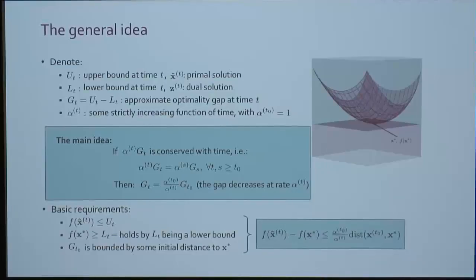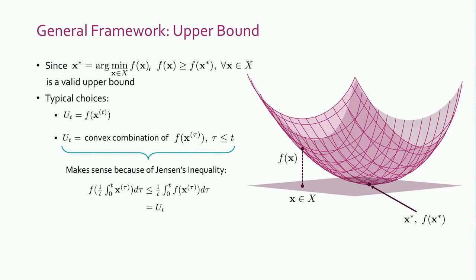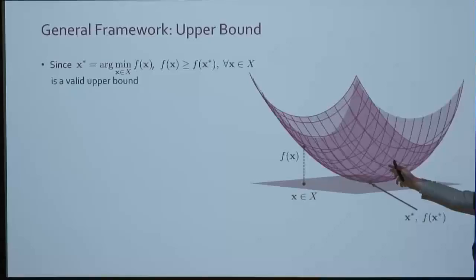OK, so let's see now what this upper bound and lower bounds are. Upper bound, very easy. This is a minimization problem. So if I take any point from the feasible set, if I evaluate the function on it, that's an upper bound. It must be greater than or equal to the minimum value, right?